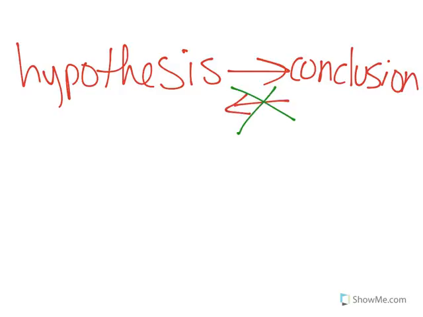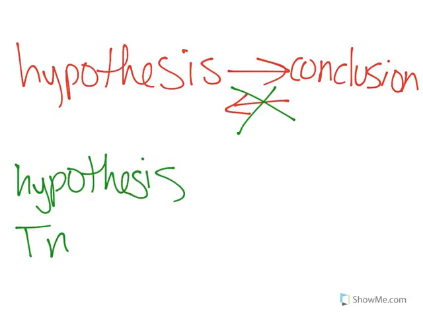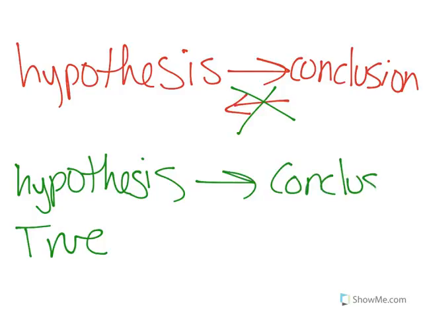So if the hypothesis is true, then the conclusion must also be true. So if it rains, I need to be inside. I cannot be outside, because the if-then statement already says that if it rains, I'm going to be inside.